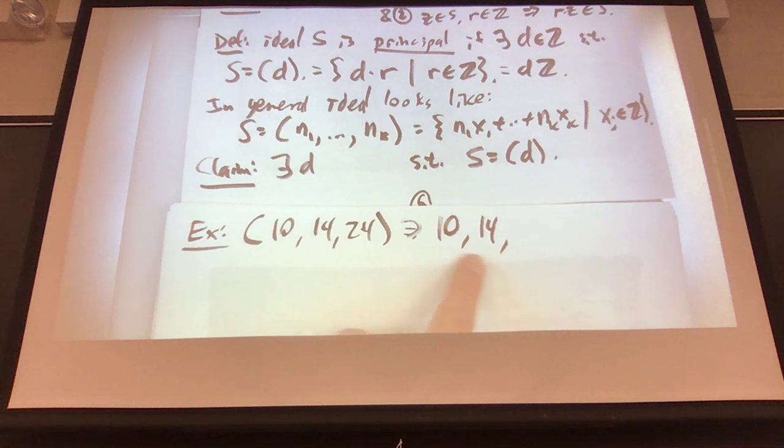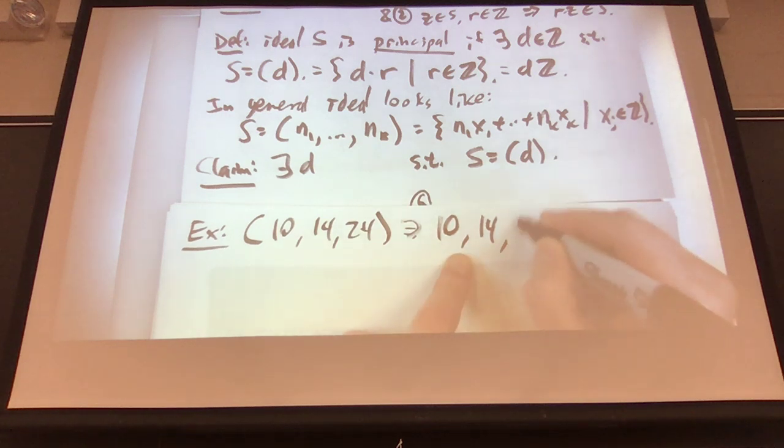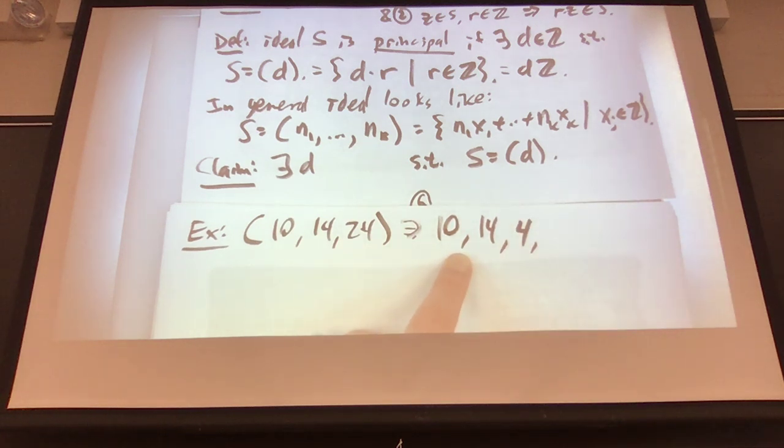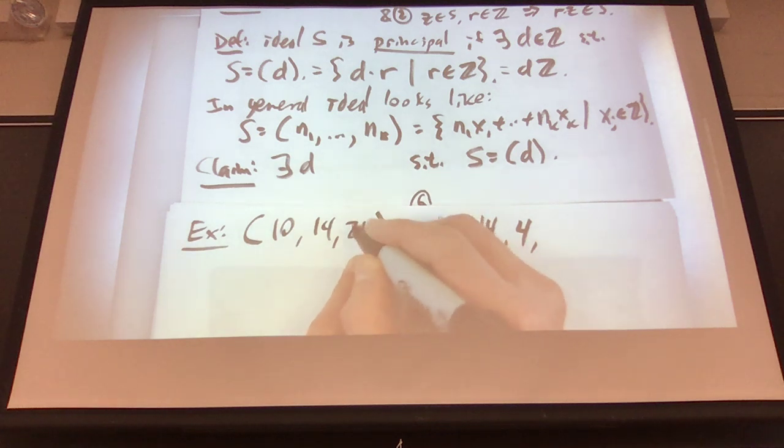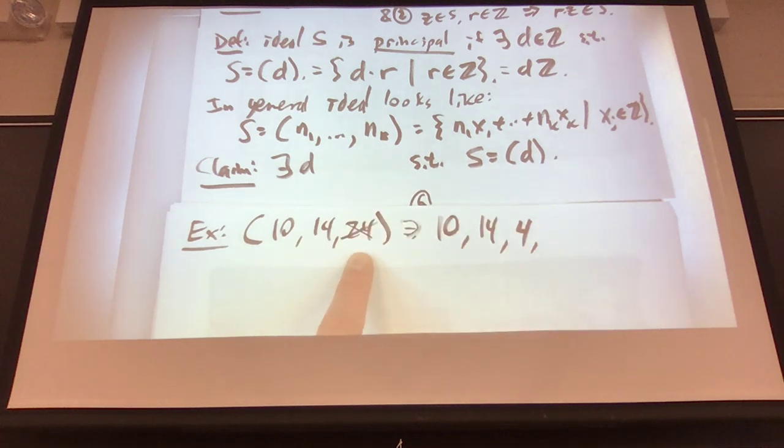There are differences there. So 4 is in there. I guess the 24 we don't even need because 24 is already 10 plus 14. So combinations of 24 can be made out of the 10 and the 14. And the multiples, right? So you just need 10 and 14 to represent what it is.